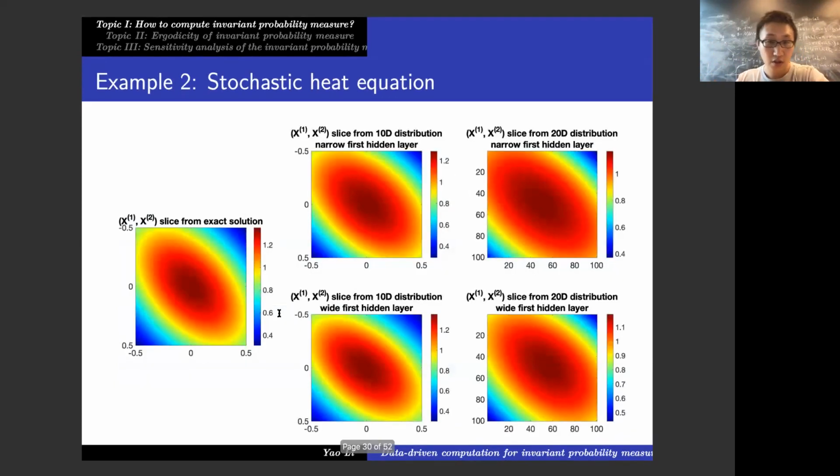So that's the result. That's the true density from the exact solution, and you can see that in 10D it looks okay. If you make the first hidden layer a little bit wider, the result gets better. But in 20D, you can see that there is some artificial diffusion, where the concentration is less than it should be.